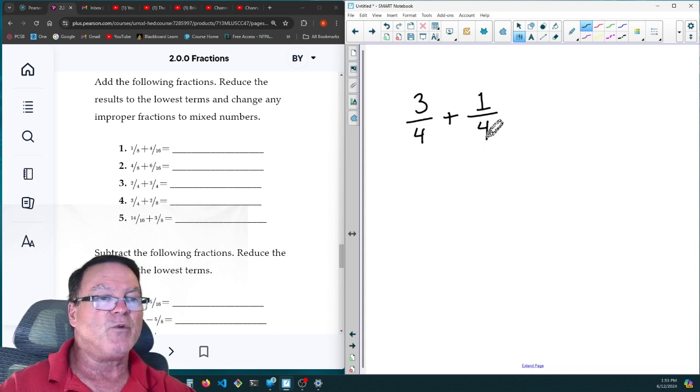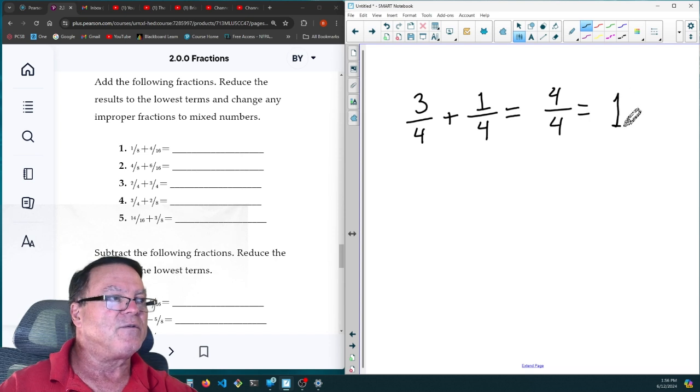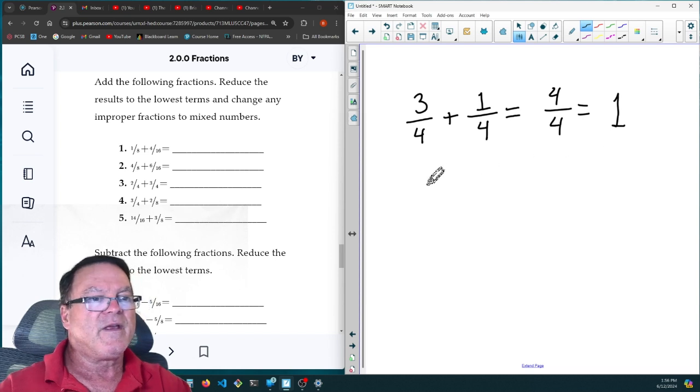So if I divide 2/8 by 2 over 2, I'll get 2 divided by 2 is 1, and 8 divided by 2 is 4. Now I have a common denominator, and I can add 3/4 plus 1/4. That gives me 4/4. And you know what that equals? That equals 1. Okay, that was that one.